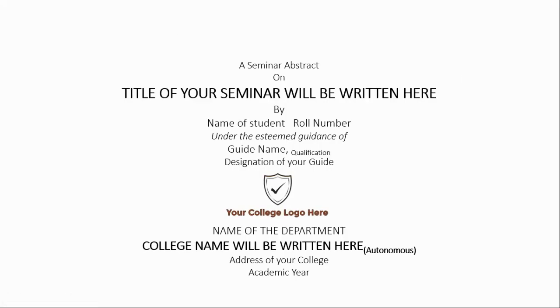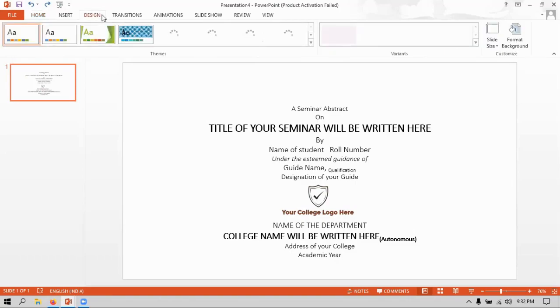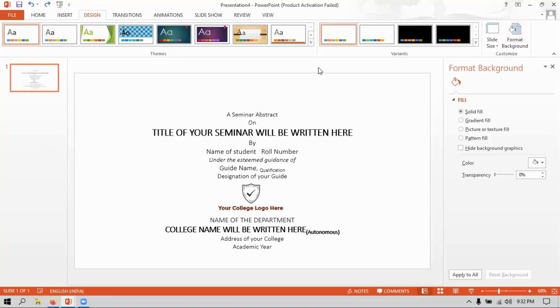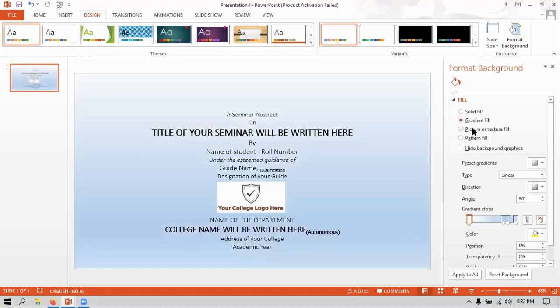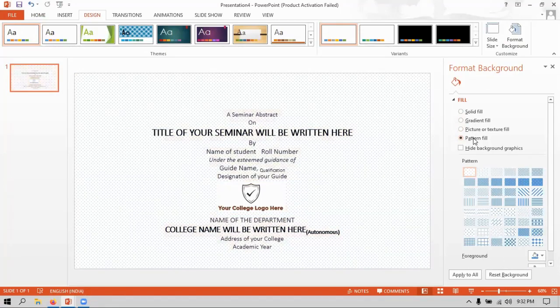Now we can also change the background design of the slide by using the background option in the design menu. Within the design menu, I have a format background. Within format background, I can go for either solid fill or gradient fill or picture or texture fill or pattern fill, or we can also hide the background graphics in the design, if any.